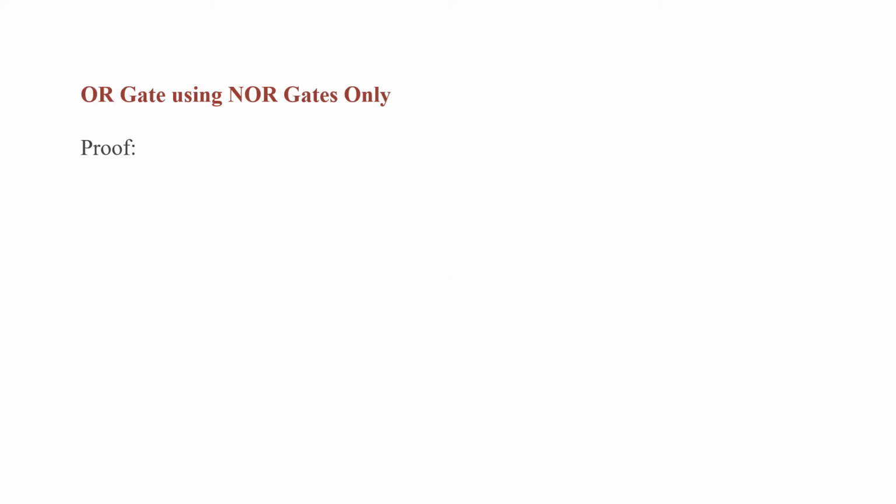Next, we'll look at the OR gate and how we can implement it using NOR gates only. I'll write the expression first, complement it twice, and then rewrite it in terms of all NOR gates. So A NOR B, NORed with A NOR B. All right.